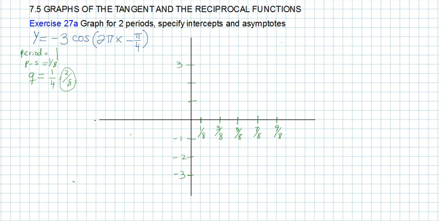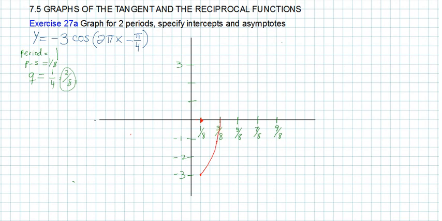Okay, so like I said, I need to start at the phase shift. Very important. Don't start at the y. At the phase shift, that's where we start. The cosine starts at the negative amplitude because it's negative. So start right there. Then go to my first quarter, so I'll just draw a nice little curve.